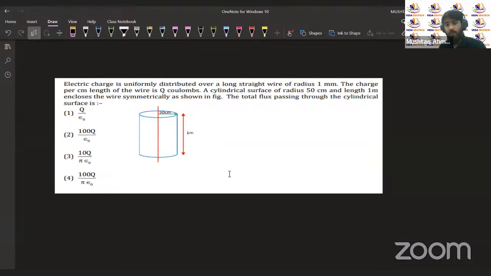A cylindrical surface of radius 50 centimeter and length 1 meter encloses the wire symmetrically, as shown in the figure. This is our cylinder, and this is our line charge, placed symmetrically inside this cylinder.